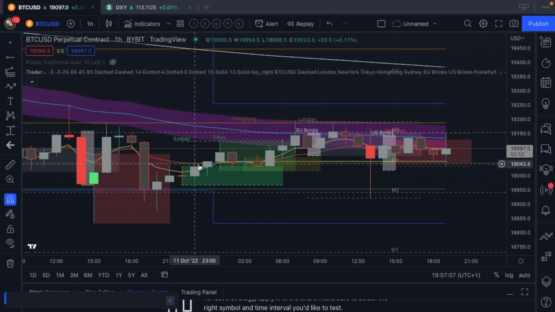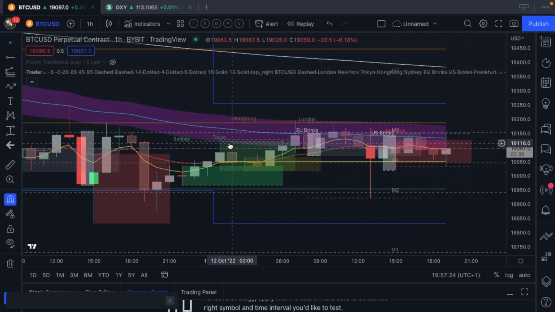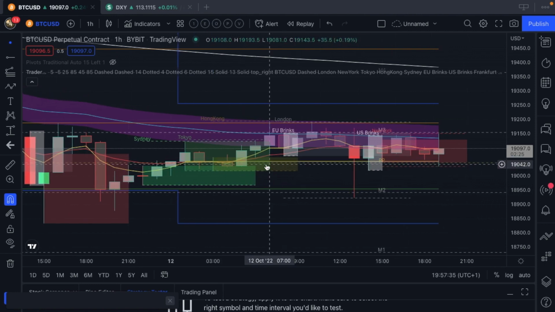So what we're looking at here is the green is Sydney, which is pretty much the beginning of the market. It'll give us a little bit of flavor of what's going on, and then the official open of the daily candle is at Tokyo Open, which is this green box. Hong Kong is this yellow box, but it kind of gets mashed in with Tokyo and Sydney, so it turns a little bit of a weird, wacky color.